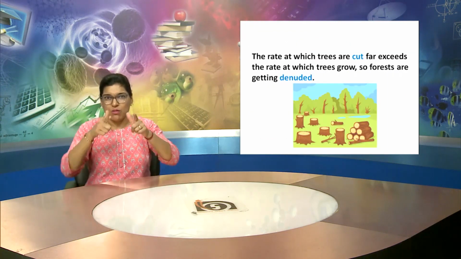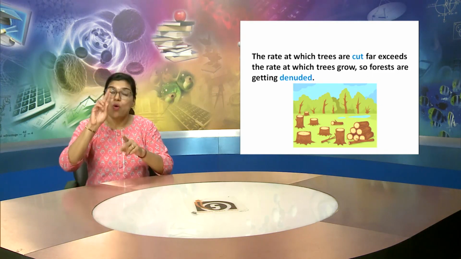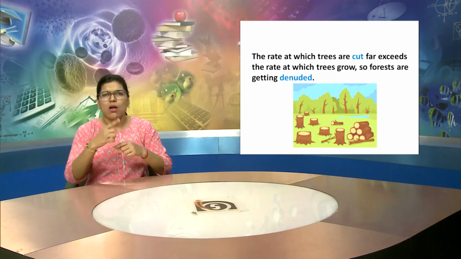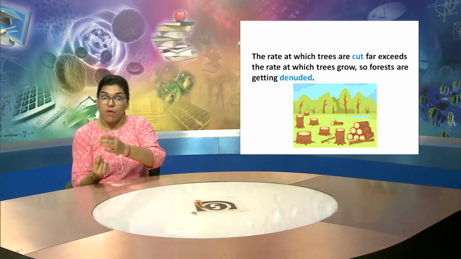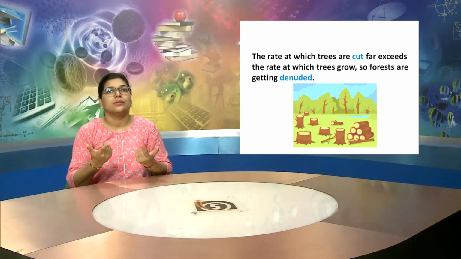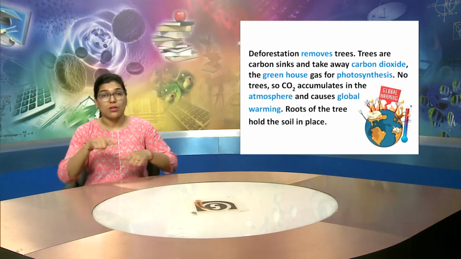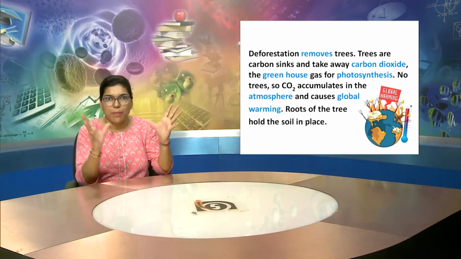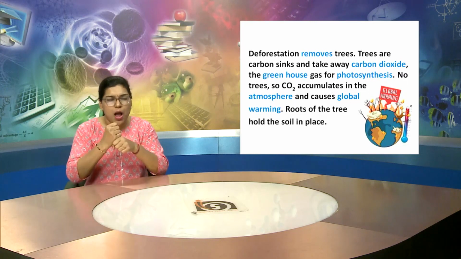Now, this slide is in continuation of the previous slide. The rate at which trees are cut far exceeds the rate at which trees grow. We all know that trees grow at a slower rate, but we cut trees at a faster rate. So, that is why forests are getting denuded. And the act of cutting trees, which is deforestation, automatically removes trees.